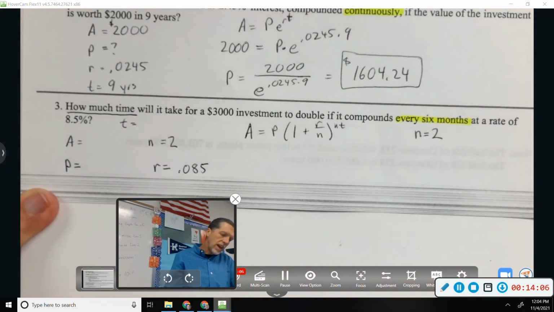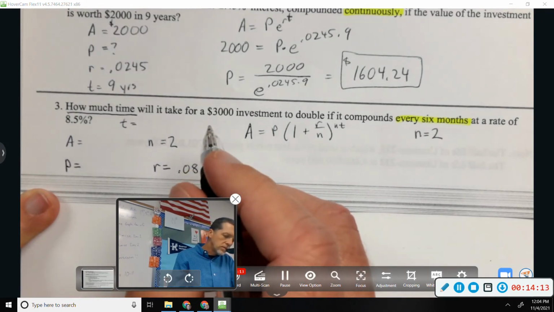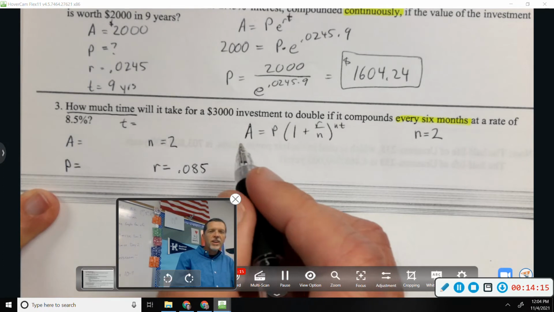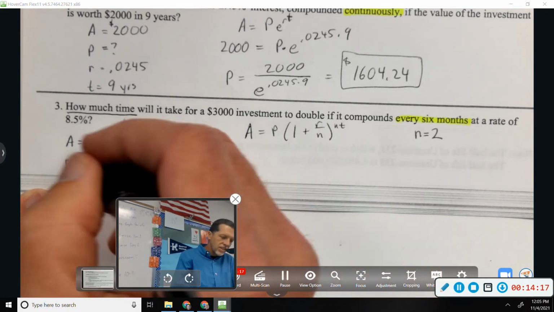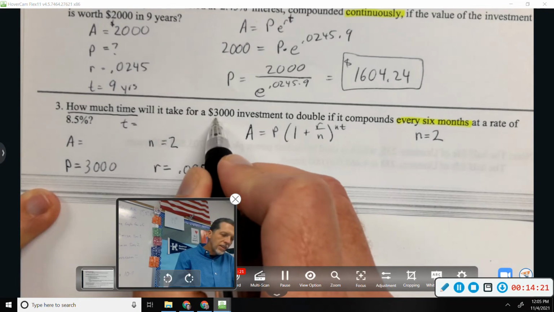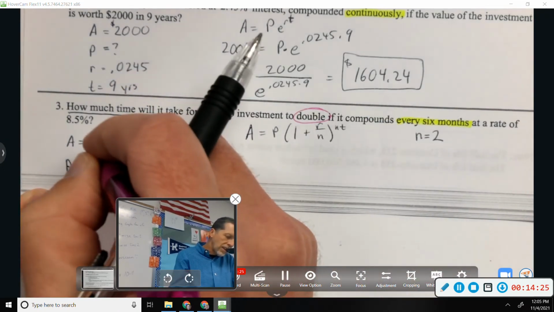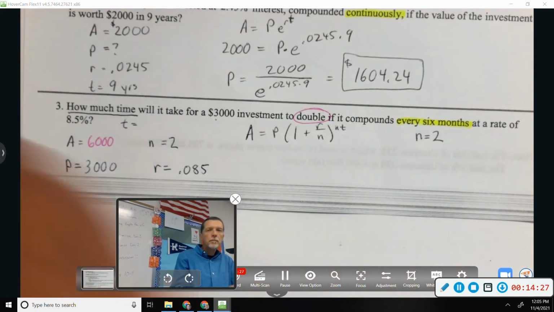How about the A and the P? 3,000. No, 6,000. Well, I'm hearing 3 and 6, but which one's which? 3,000 is P, 6,000 is A. 3,000 is what we begin with, and then if we double it, it would be 6,000. Wait, how do we know which equation to use again?